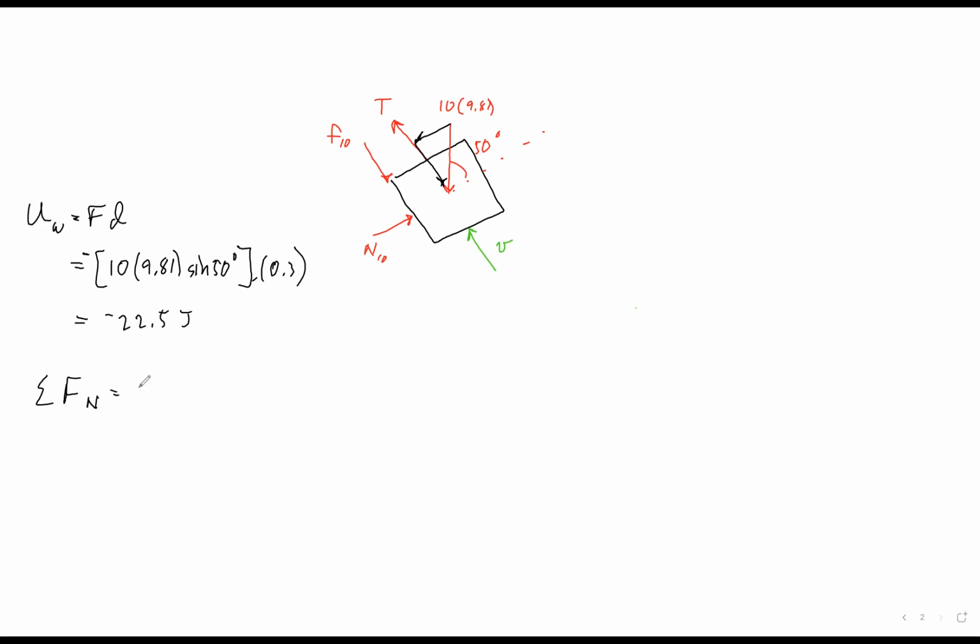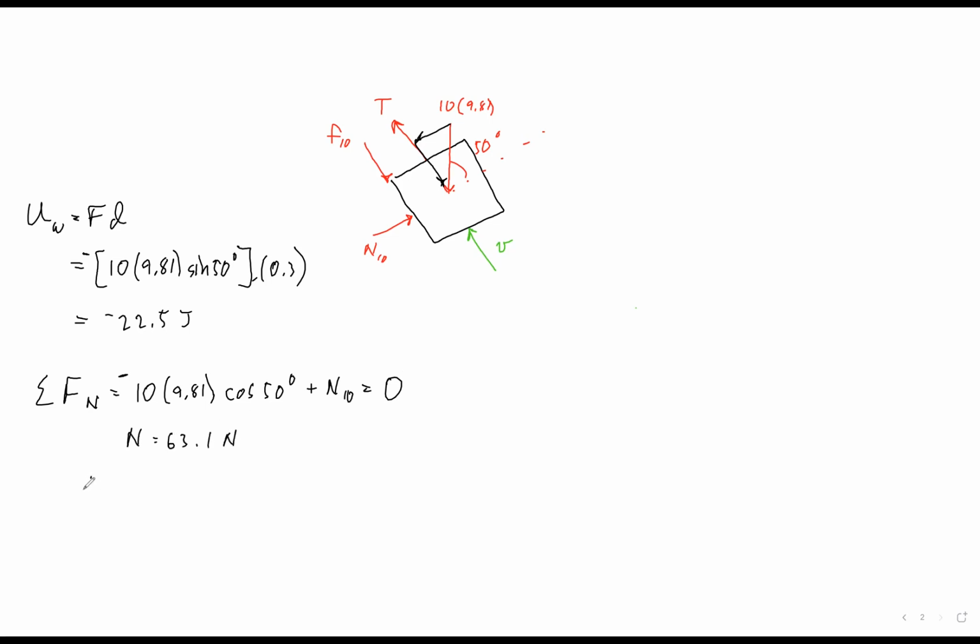That's going to be the component of the weight, the mass times 9.81 times the cosine of 50 degrees, and that will be negative, plus the normal of the 10 kilogram block equal to mass times acceleration of 0, because the block will not leave the ramp. All right, that means that the normal is equal to 63.1 newtons.